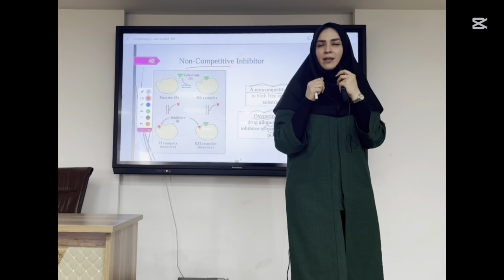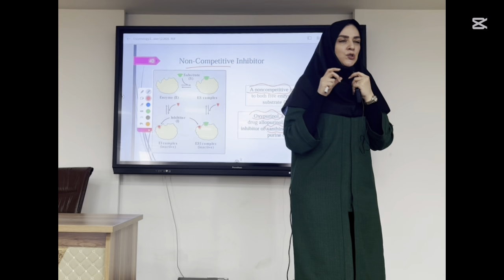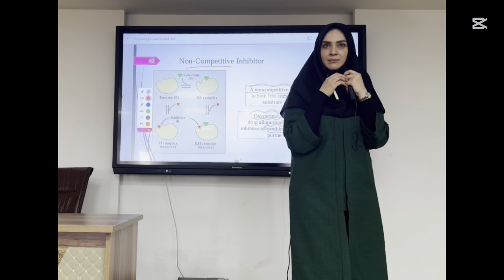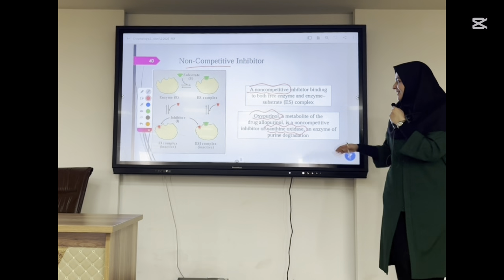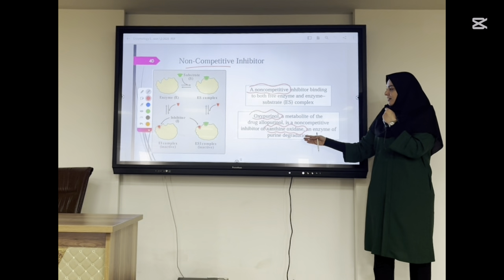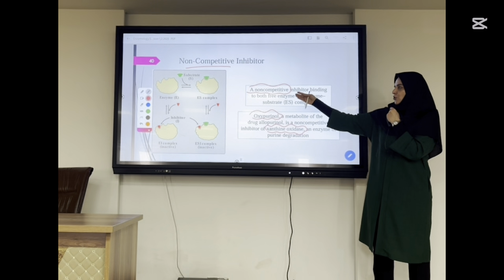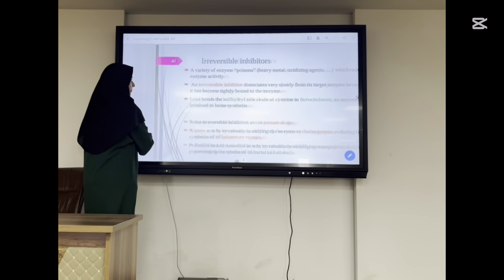They have very severe inflammation or swelling inside the joints of the fingers. Forget about it, I cannot explain it more. So, this is the drug for gout treatment, and the name of the enzyme that is inhibited is xanthine oxidase, and the type of inhibition is non-competitive inhibition.